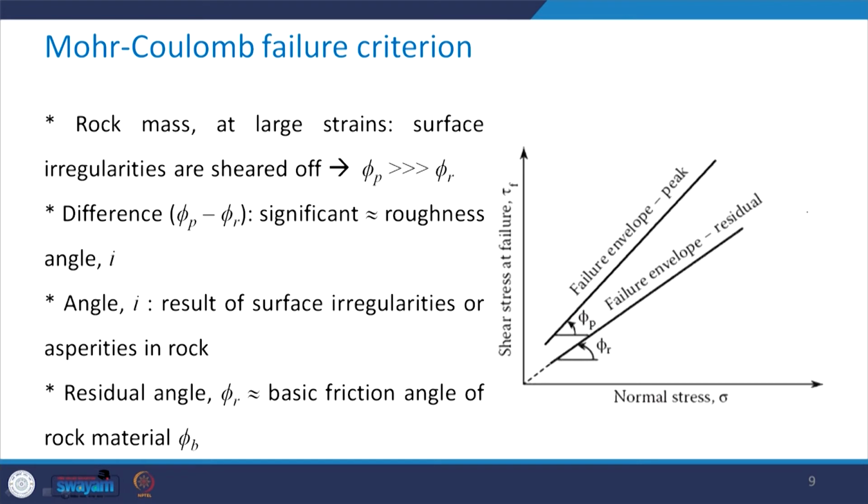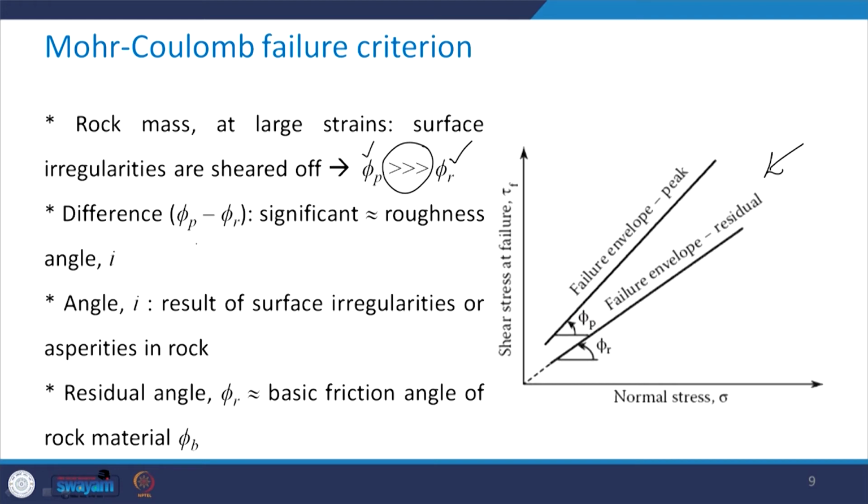Rock mass, what happens to this at large strains? All the surface irregularities would be sheared off, and therefore this peak friction angle will be much larger than the residual friction angle, which is evident from this figure as well.